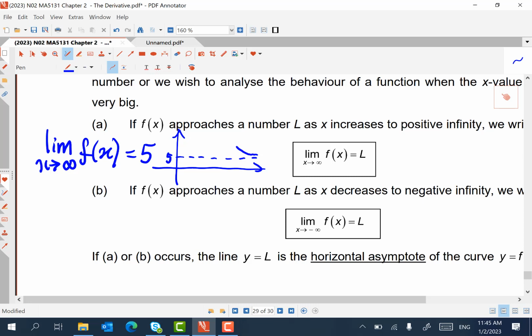So when I say this, very quickly a student says, Mr. Lim, I think you made a mistake. Is this line y equals pi an asymptote? We say it's an asymptote, so why do they meet?